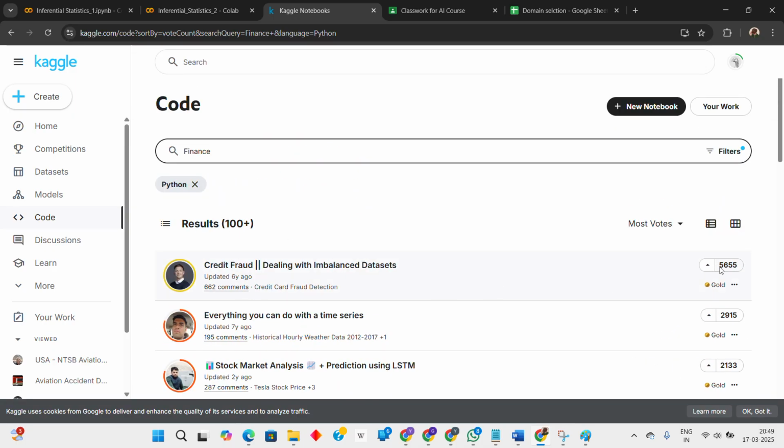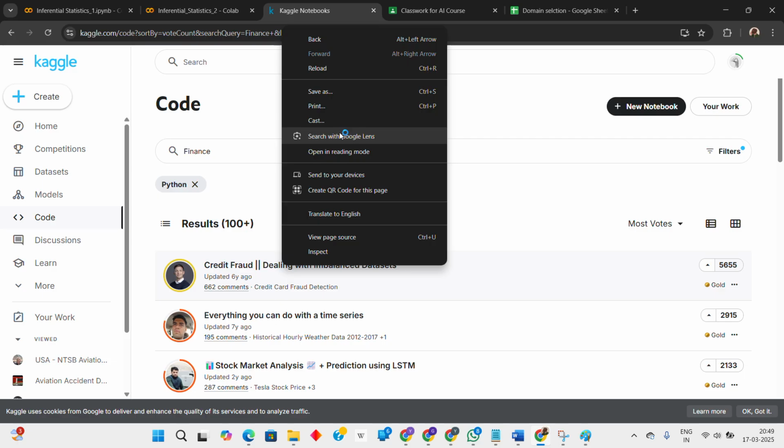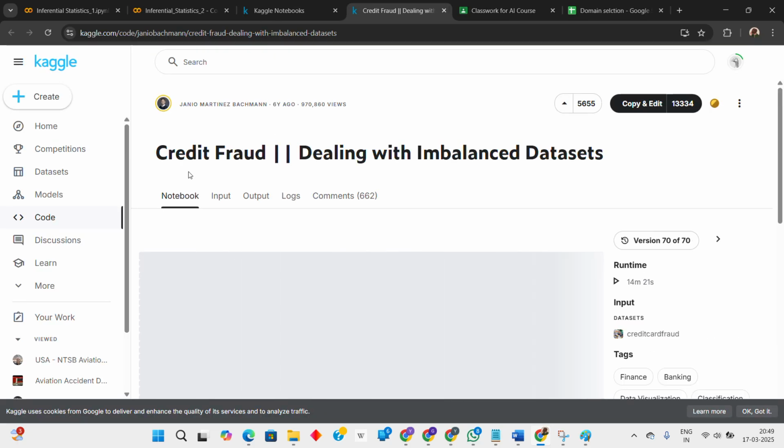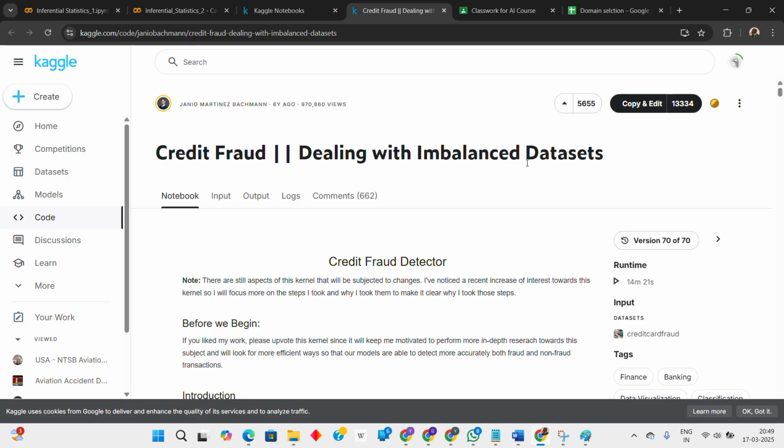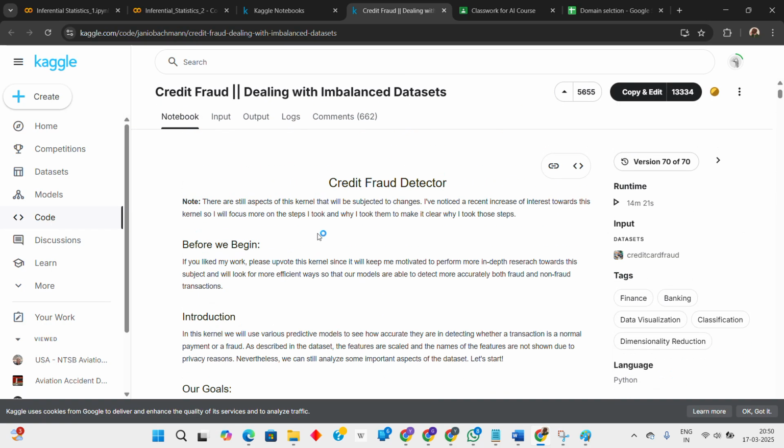There are 100 plus results. Most voted only you can choose. For example, credit card: dealing with imbalanced data set. You just open this one. You will get this credit card dealing with imbalanced data set.